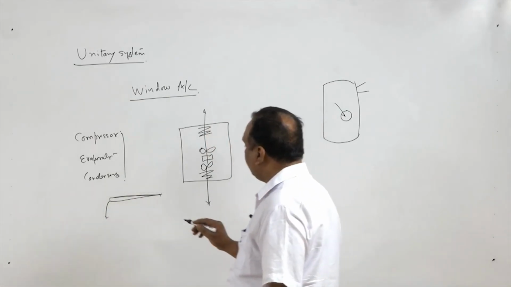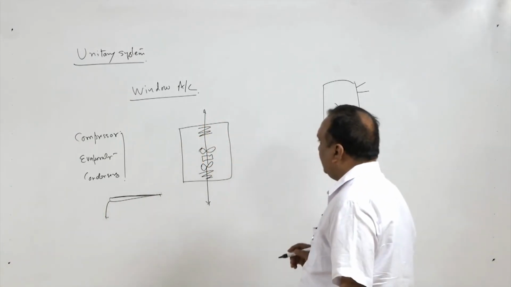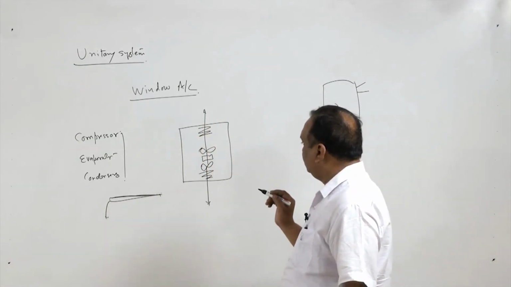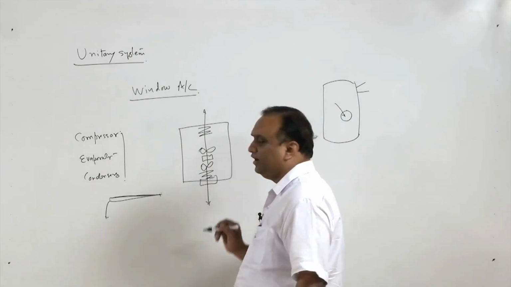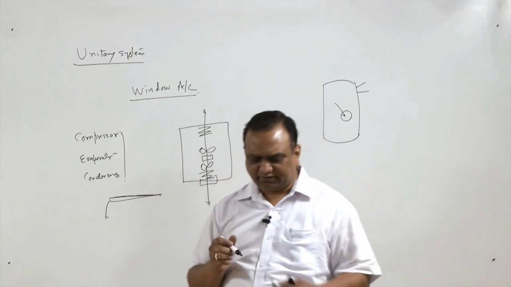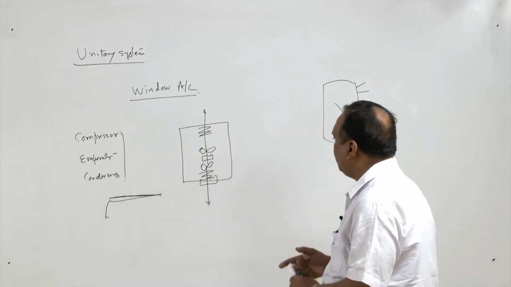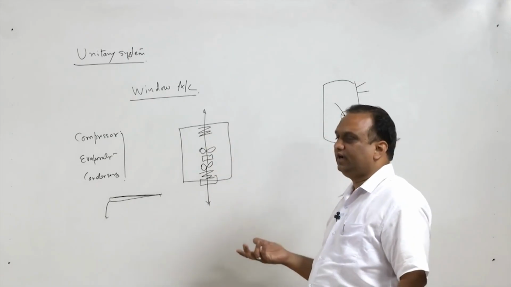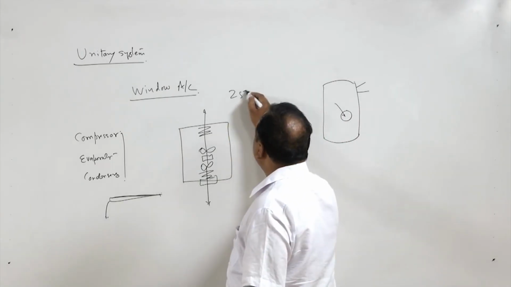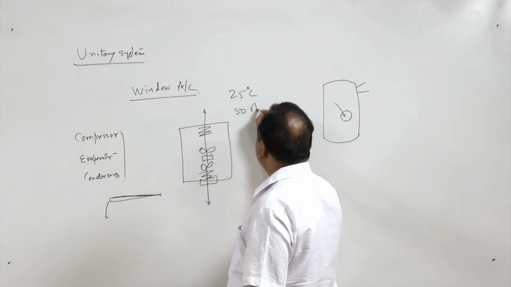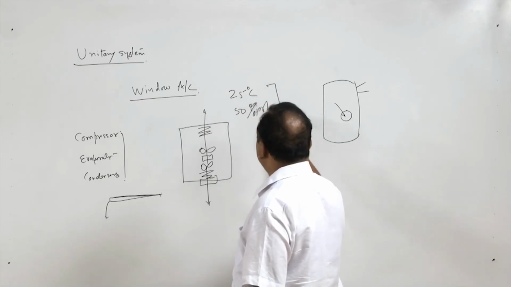So in this type of system a slight backward slope is given, and the temperature of air at the grill is approximately 13 to 14 degrees centigrade. At this temperature air is supplied to the occupancy, and the occupancy temperature, as I told you earlier, has to be maintained around 25 degrees centigrade and 50% relative humidity.